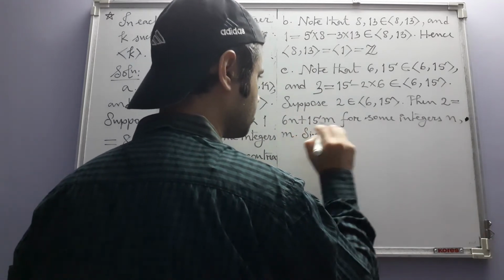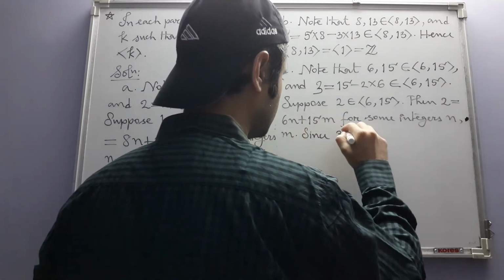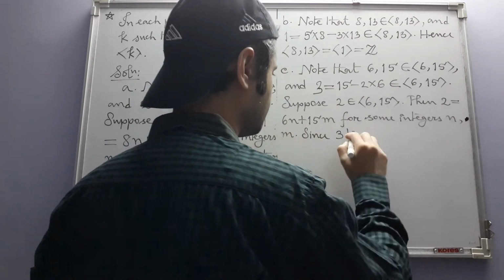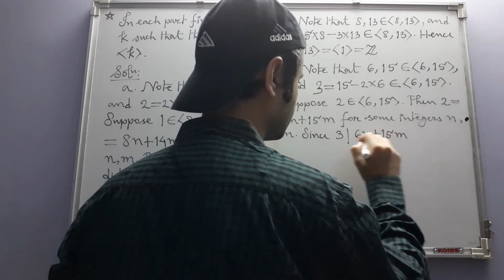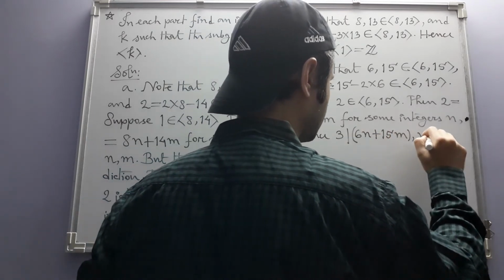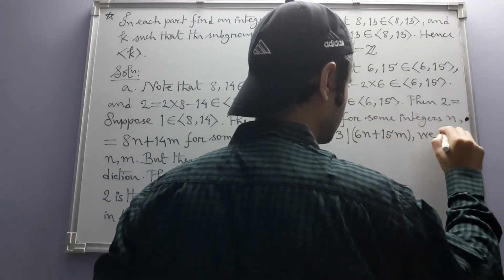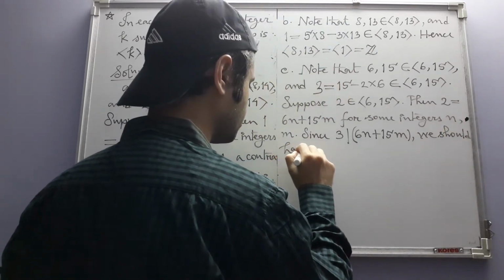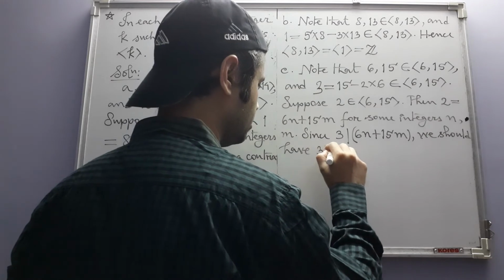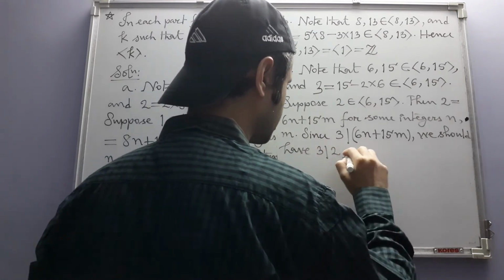Since 3 divides 6n plus 15m, we should have 3 dividing 2, a contradiction.